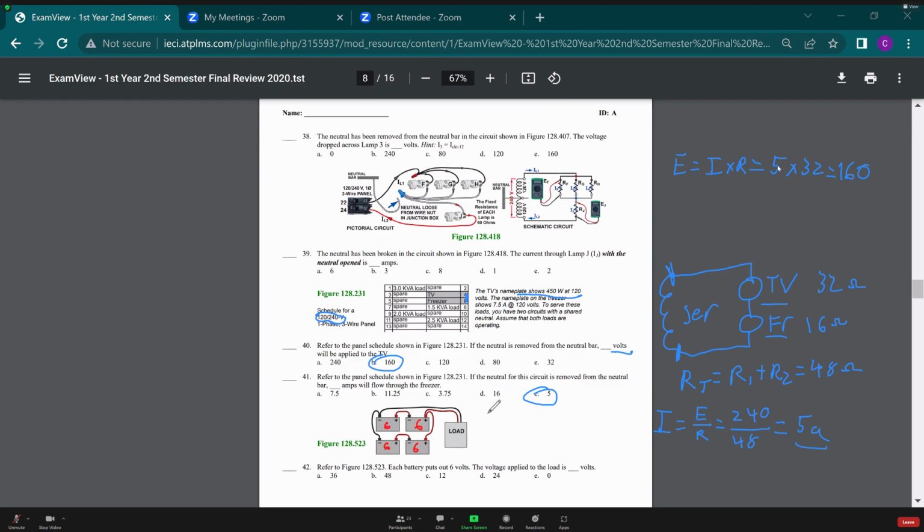Now I have two things. I have my parallel voltage, which is E total equals E1 equals E2. It stays the same. And then my series voltage is E total equals E1 plus E2.